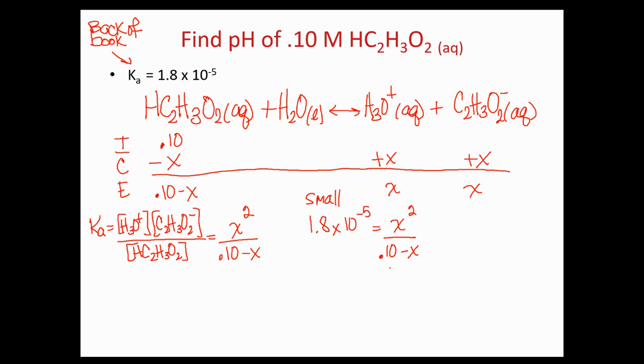So I'm hoping that we won't need to use quadratic on this because that's a lot of extra work. What that means is I want to be able to assume that this x is really small compared to the 0.10 so that that term crosses out. So the one thing that you should do for that is do an assumption, or I should say, how about we call it a shortcut?